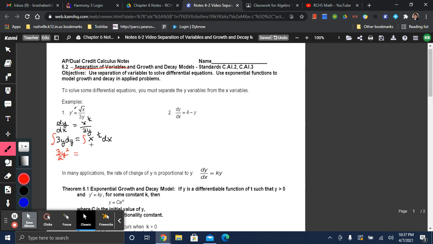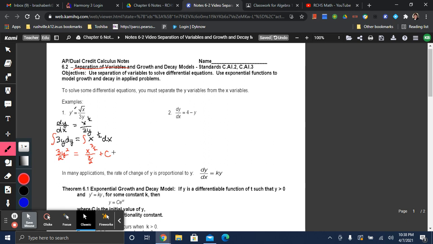So on the side with the x to the 1/2 we would add 1 to that exponent, and so you're going to get x to the 3/2 power, and then this is over 3/2, and this is the side that we will add c.